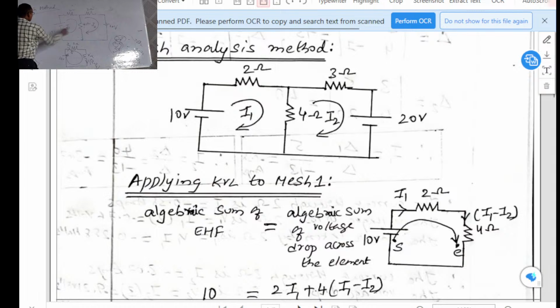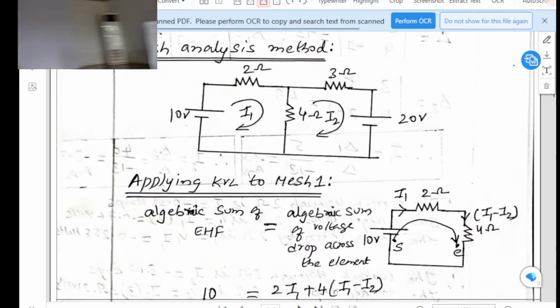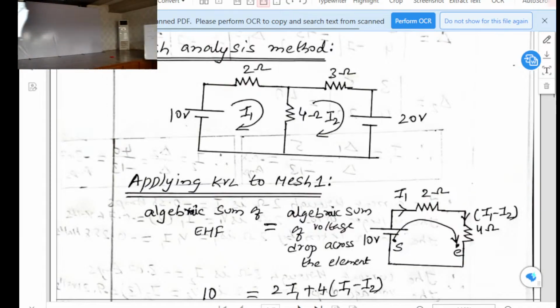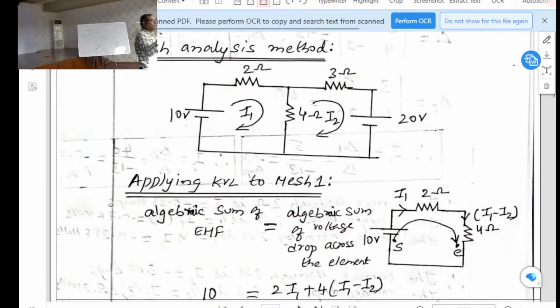Whenever we get a mesh, we apply KVL. Whenever I say KVL, you have to get the statement in your mind. What is the statement? In a closed circuit, the algebraic sum of EMFs is equal to the algebraic sum of voltage drops across the elements.